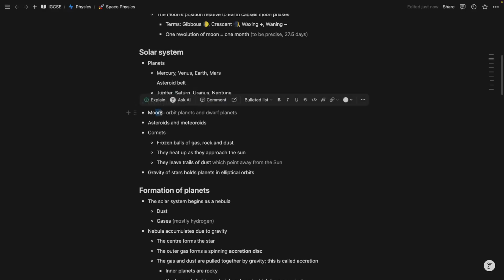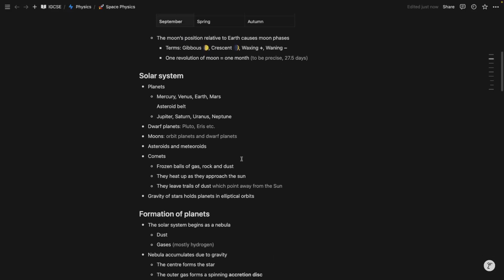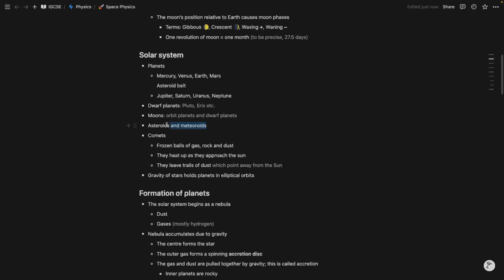Moons are satellites that orbit planets and dwarf planets which are naturally occurring. So for example, if we let out a satellite from a rocket ship, that isn't a moon, it has to be naturally occurring. Waxing is getting brighter and waning is getting darker. Then you have your asteroids and meteoroids and comets.